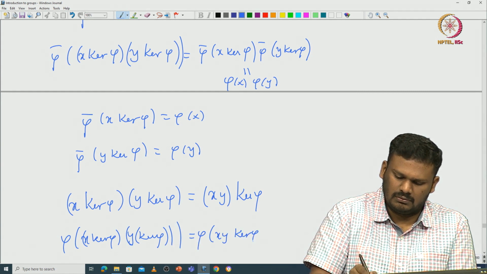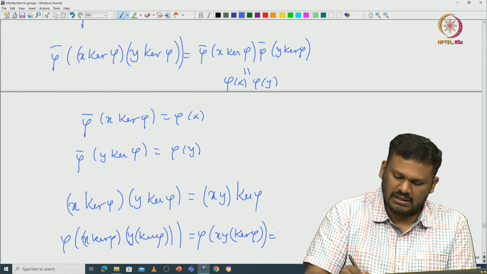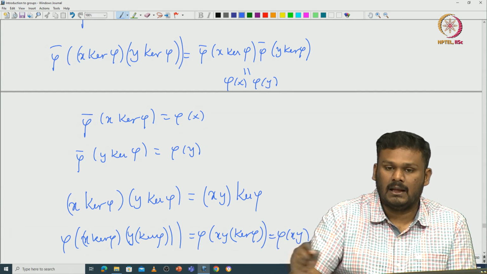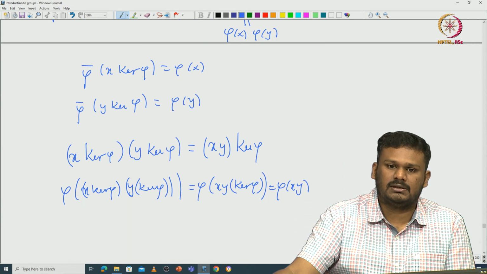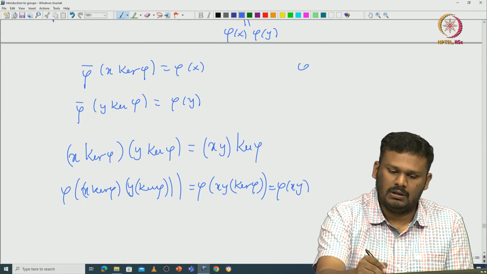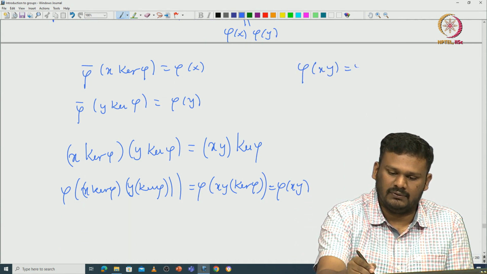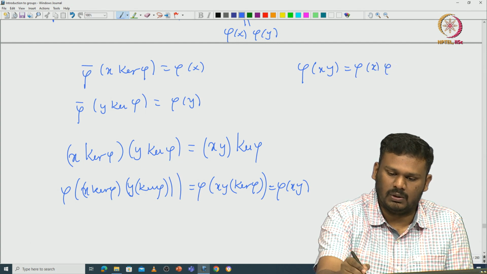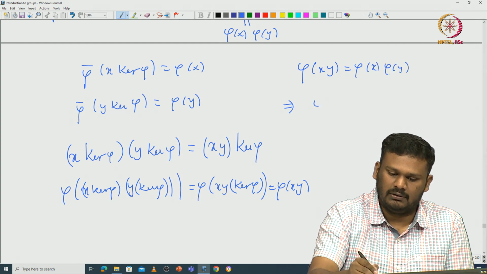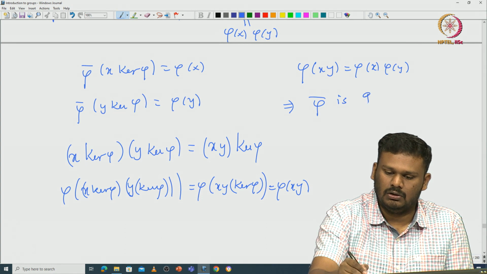But because phi is a group homomorphism, phi of xy is equal to phi of x times phi of y. So that tells you that phi bar is indeed a group homomorphism.